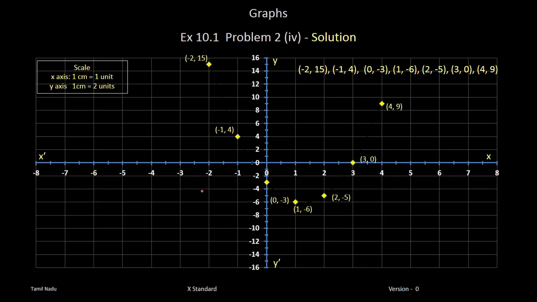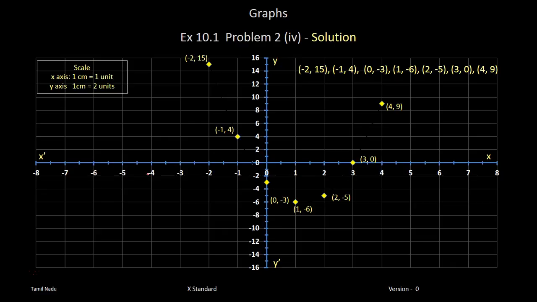I've taken it from minus 8 to 8 to make the graph wider, otherwise the graph becomes too small. So that's why I'm adjusting it as per your sheet size. You can have it minus 6 to 6 or minus 5 to 5, whichever suits you.